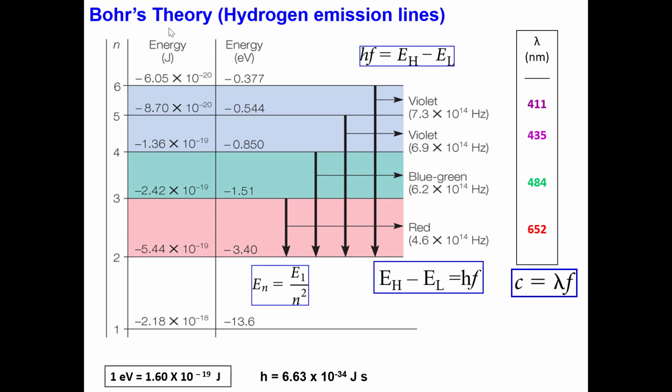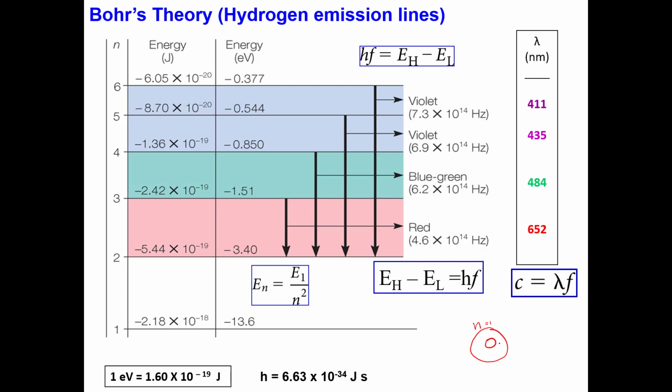We are going to use Bohr's theory to try to find mathematically the hydrogen's emission lines. And what we have here, you see, these are the levels of energy. This is 1, 2, 3, 4, 5, 6. These n are the energy levels. This is the nucleus, and this is n equal 1.